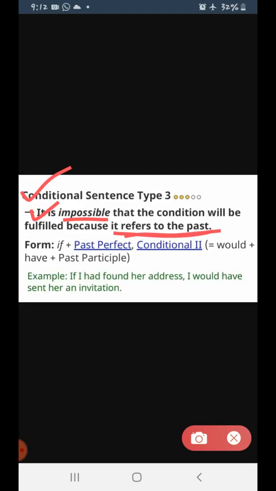Now let us see the structure. The structure is if plus past perfect, and then conditional 2, second conditional, that means would plus have plus past participle.